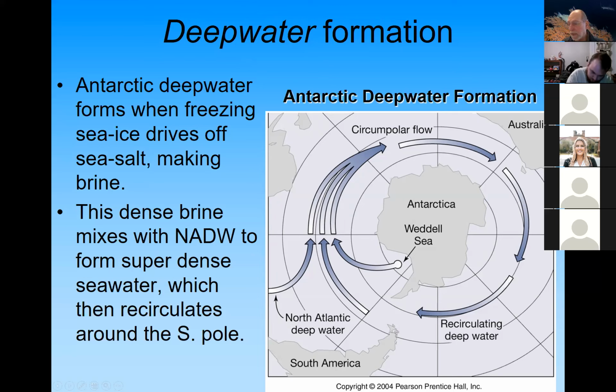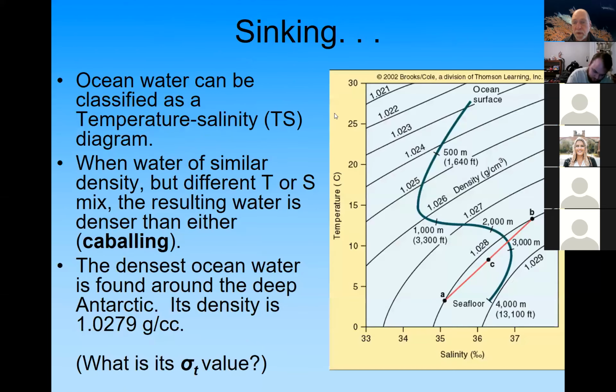Well, let's recall this diagram, which you had on your homework 2 weeks ago. And we said that ocean water can be classified by temperature and salinity. And when water of different temperature or salinity mix, the resulting water is denser than either of the parent waters.